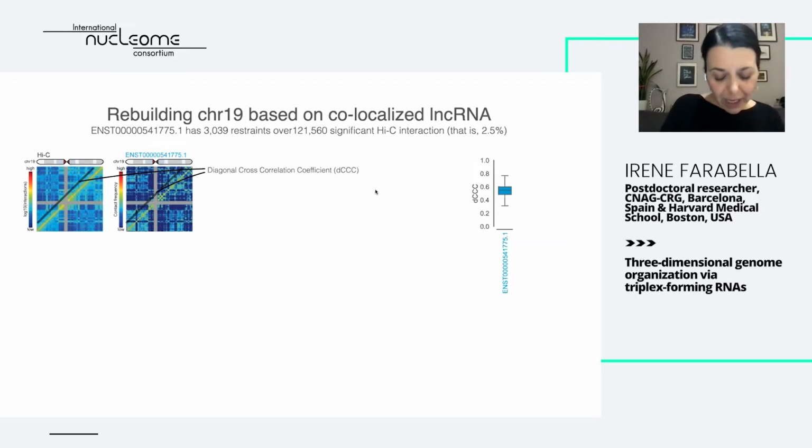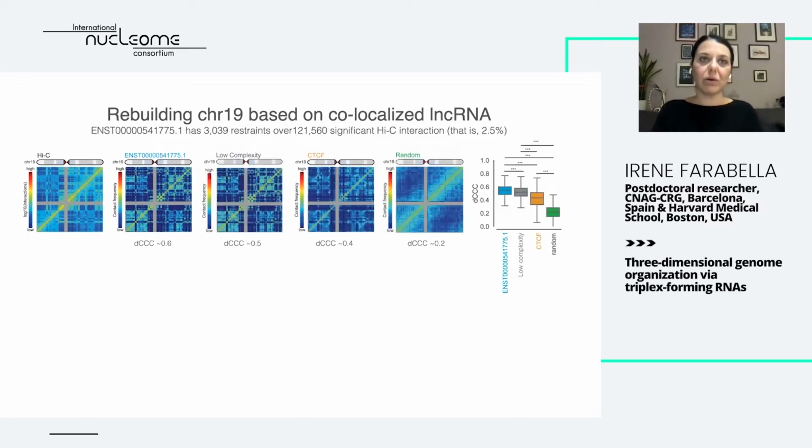But we also put some controls in place. The first control was to check what happens if we use in our reconstruction just repetitive elements, because it has been proposed that repetitive elements have a role in 3D genome organization, without an underlying biophysical mechanism so far.